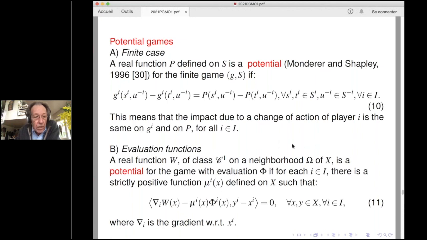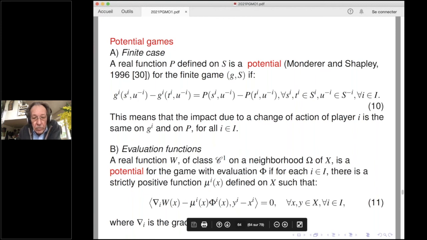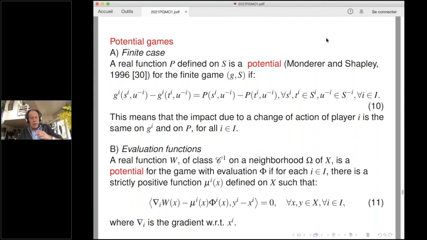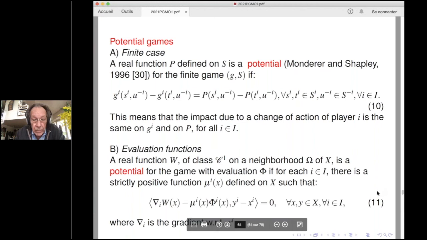So here we say that a real function W is a potential for the game with evaluation phi if phi is equal to the gradient of W. You can be a bit more sophisticated: it does not have to be equal to the gradient, but proportional to it, where mu_i is strictly positive, and this has to be true only on the tangent space. This is what (11) says.